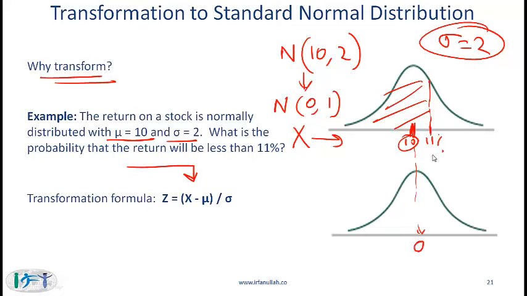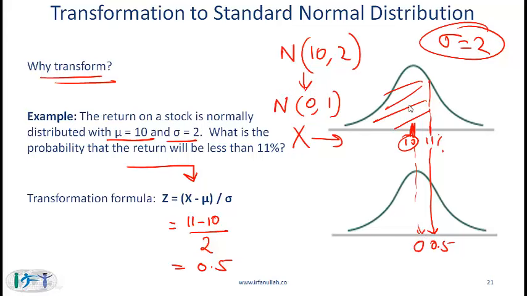But the more interesting item is 11. So what does 11 transform to? 11 transforms to a z value of 11 minus 10 divided by 2. So this is 1 over 2, which is 0.5, which is essentially saying that 11% on the normal distribution transforms to 0.5 on the standard normal distribution.